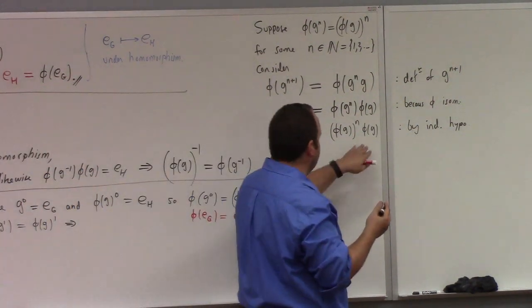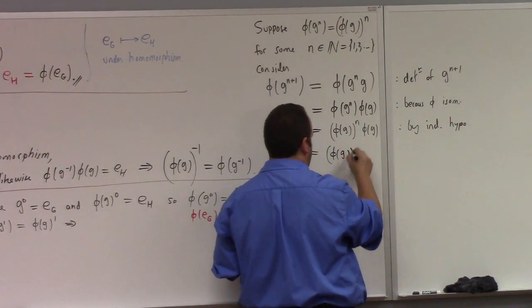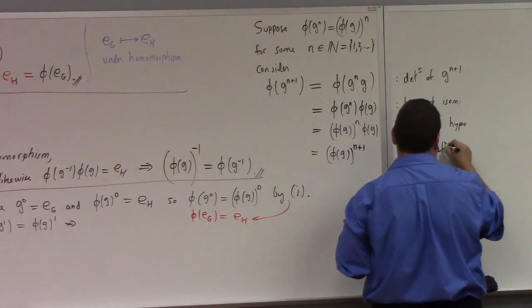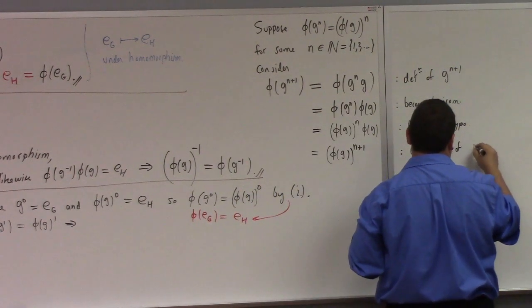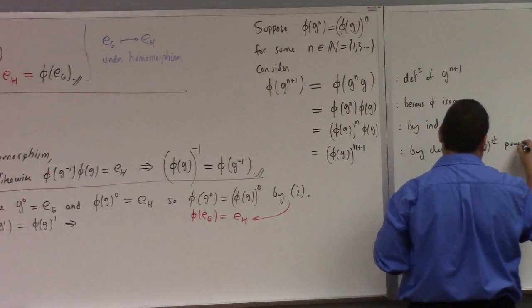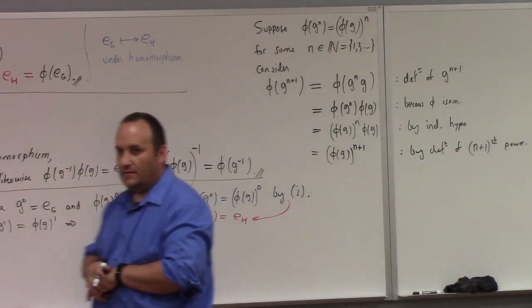Anyway, and then what? This is equal to phi of g to the n plus 1, what? By definition of the n plus first power. Right, by definition of the power again. And what have we shown?